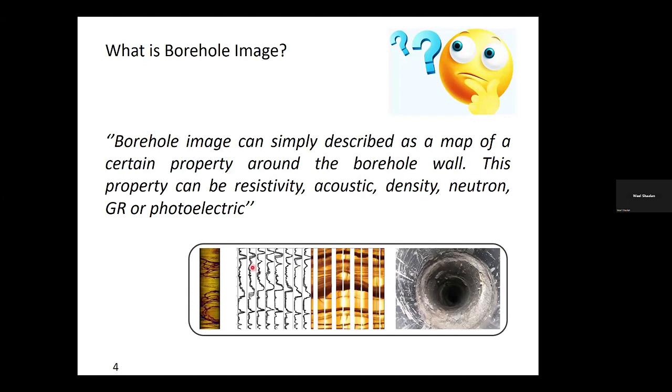So usually the most common image is, we can say simply, resistivity. And then we have a lot of other borehole images, acoustic. For example, if we're talking about wireline, there is resistivity and acoustic; resistivity is also called electrical image. And then we have density, neutron, gamma ray.